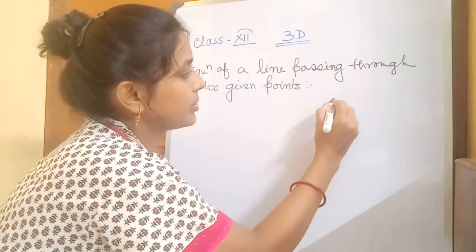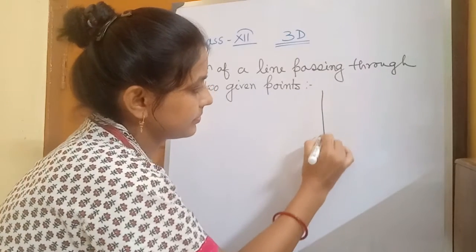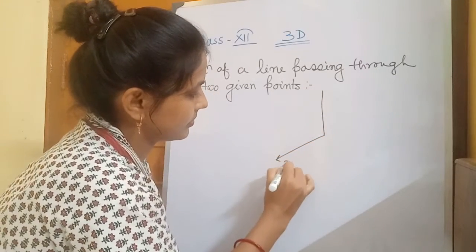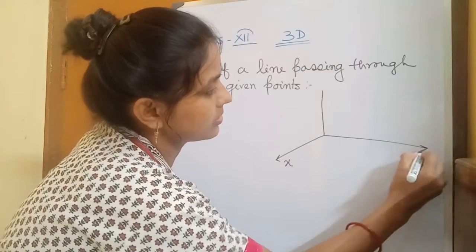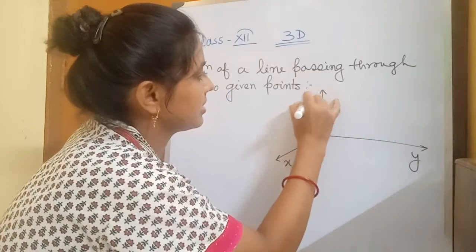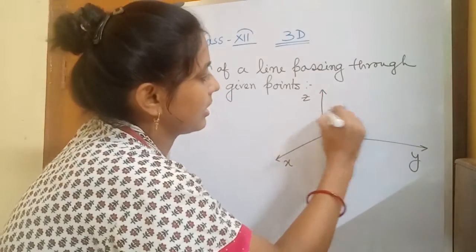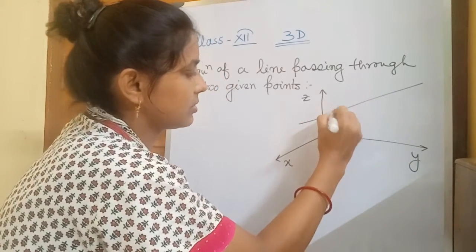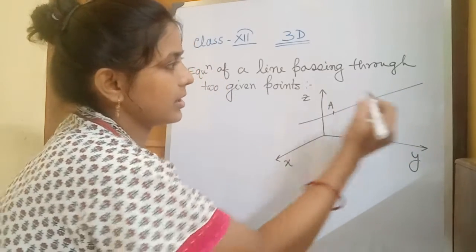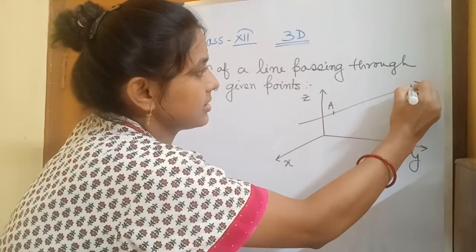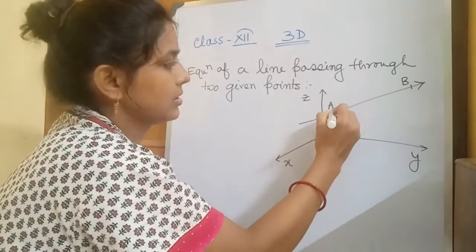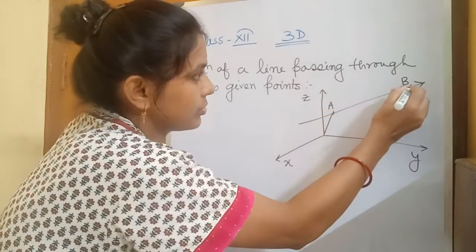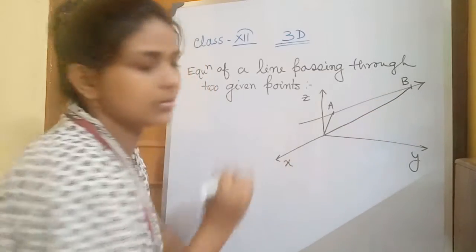For this we will draw a figure. X, Y, Z. Okay, suppose this is the line. This one is the first point A and this is the second point B. We will join those two to the origin.